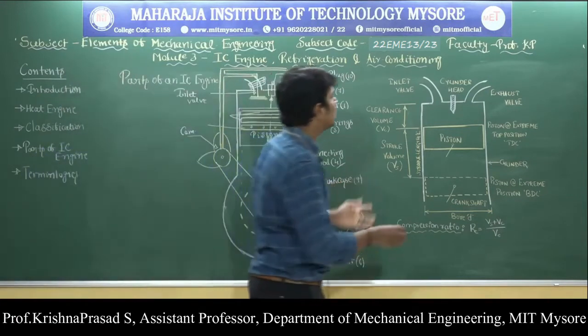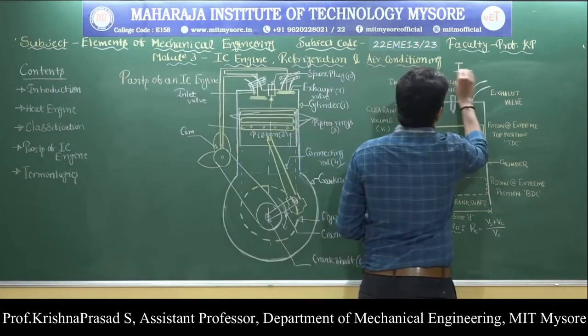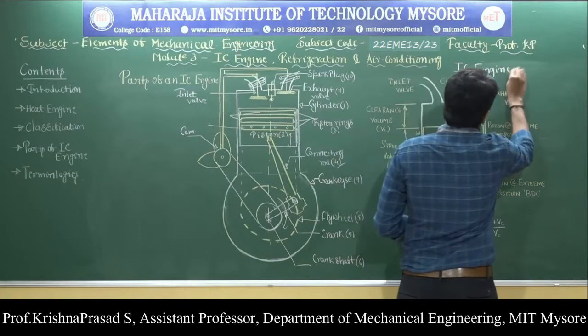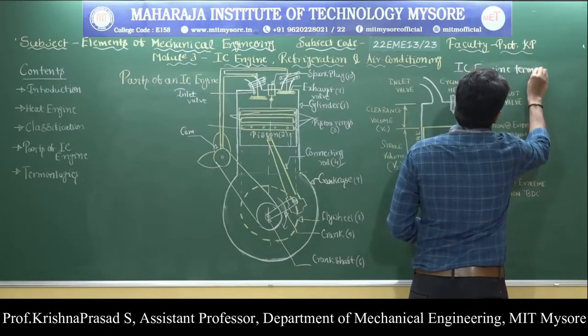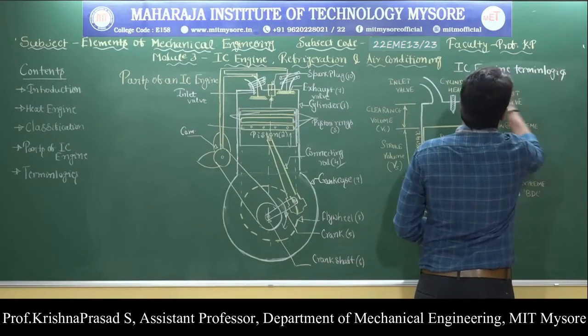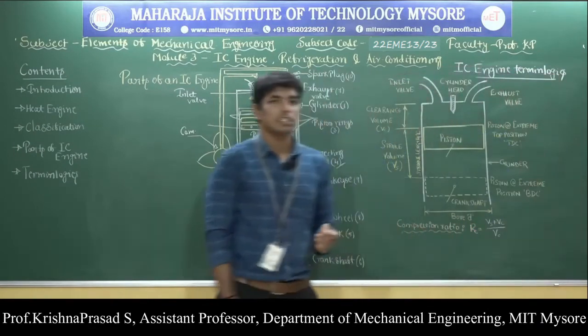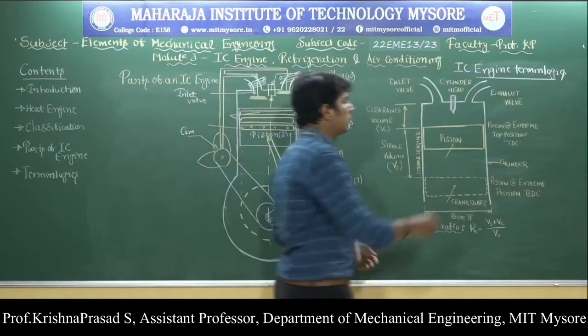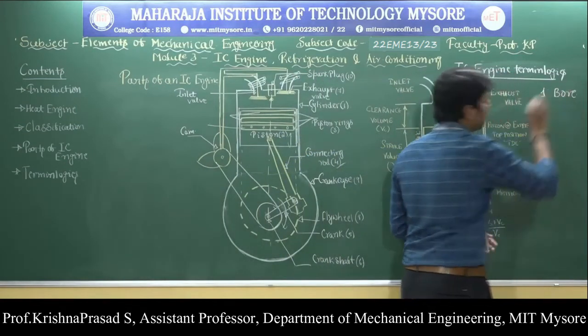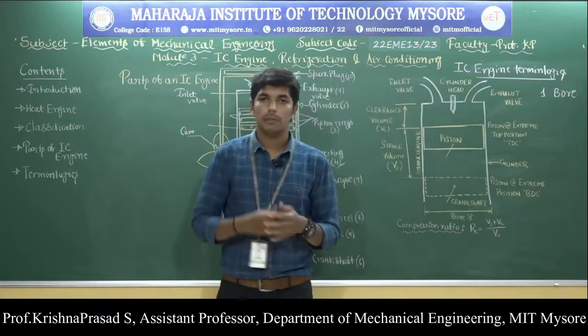So next, the last topic is called IC engine terminology. Okay. In the IC engine terminologies, the very first one is called the bore. What is meant by the bore?